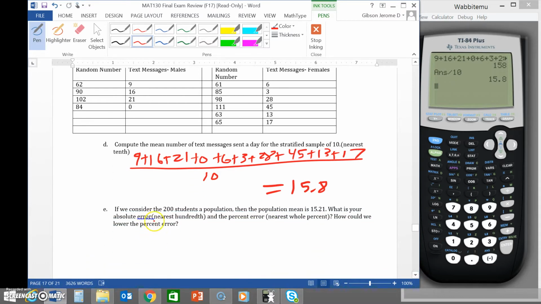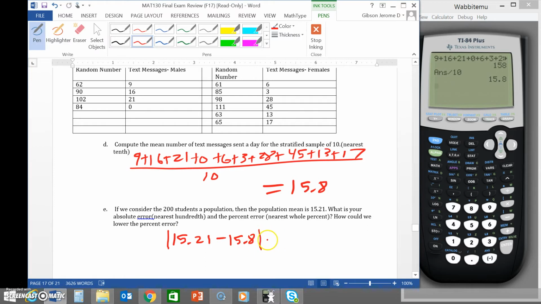It says if we consider the 200 students a population, then the population mean is 15.21. What is your absolute error? Okay, so we would take 15.21 minus 15.8, and they said absolute error, so we would do absolute value.